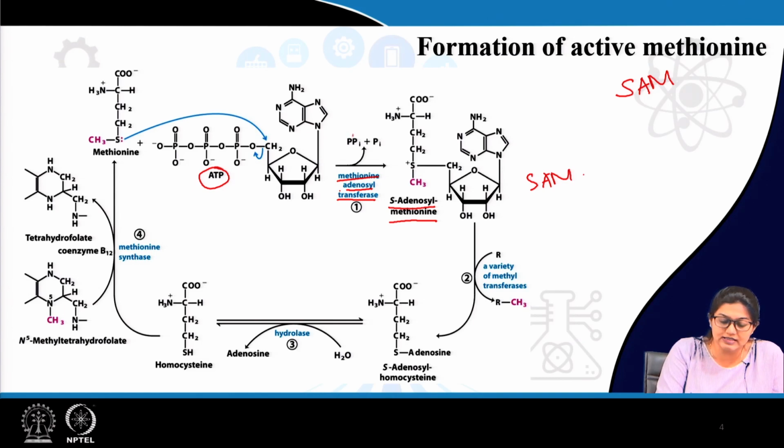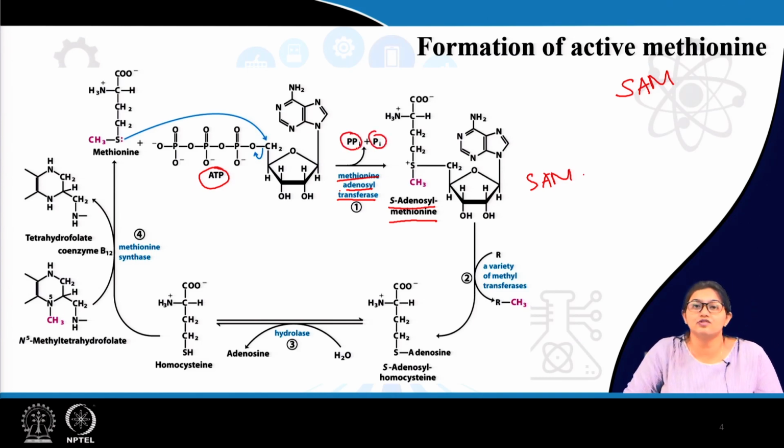Also, here you can see the pyrophosphate as well as the inorganic phosphate is released. Now, remember, in S-adenosyl methionine we get one high energy methyl group containing molecule. That is why SAM can donate this methyl group to various reactions where a methyl group is required, with the help of the enzyme methyl transferase.